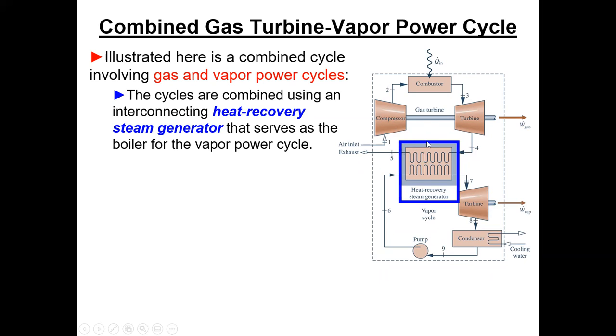And if you assume this is adiabatic, which we would, then all that energy drop is going into your water flow. So you've got your mass flow of water coming in at 6 and your mass flow of steam coming out at 7. And there you go. So the amount of energy lost by the Brayton cycle gases as they cool down is the amount of heat picked up by the Rankine cycle that generates steam.